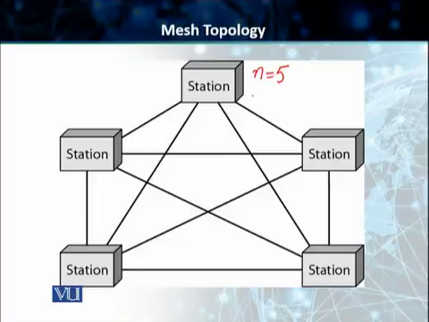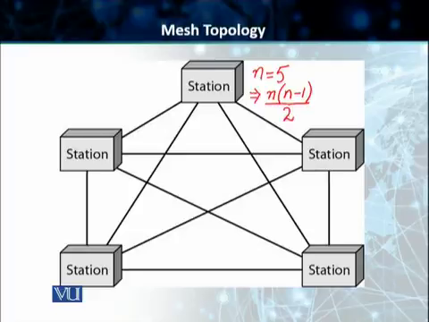So students, if you want to calculate the number of total full duplex links that will be required in a mesh topology to connect all the stations, then the formula for that is n into n minus 1, and the whole thing divided by 2.